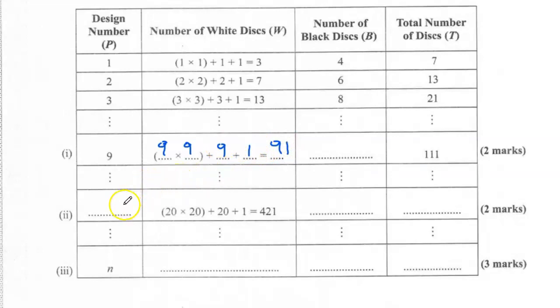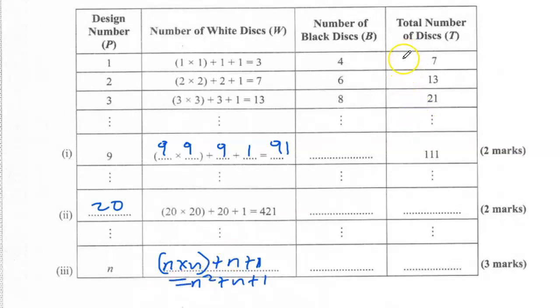Obviously for design 20, that's 20 times 20 plus 20 plus 1. So this is N times N plus N plus 1, which is equal to N squared plus N plus 1.